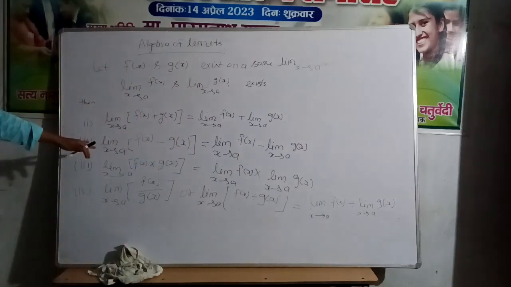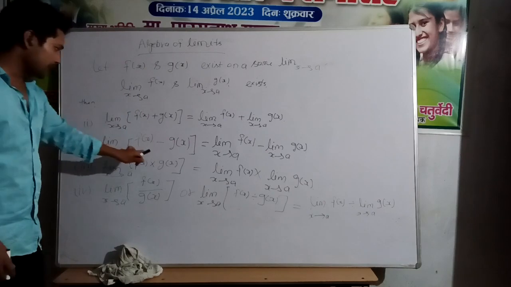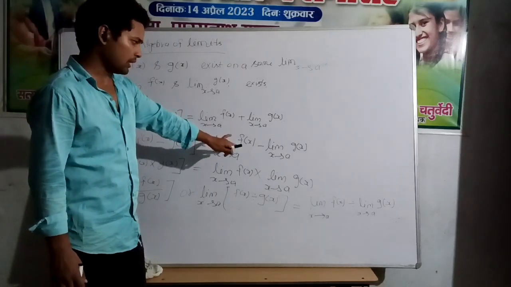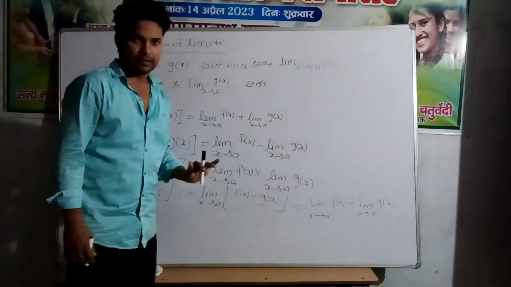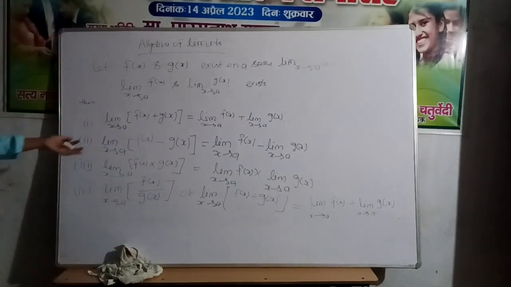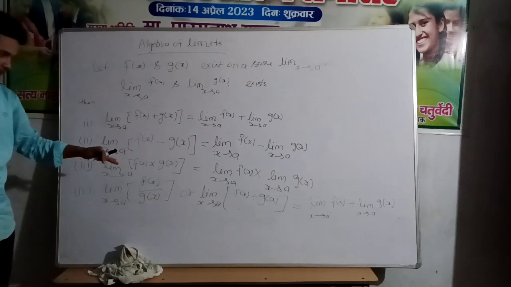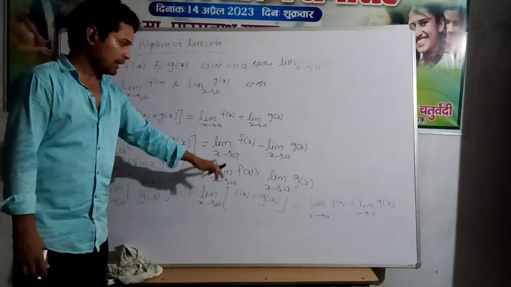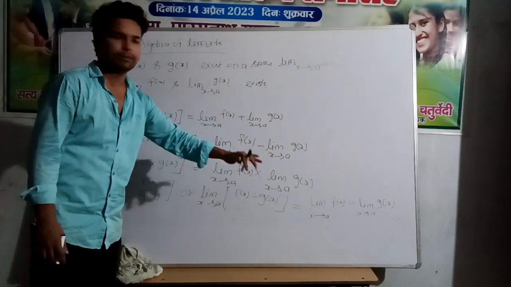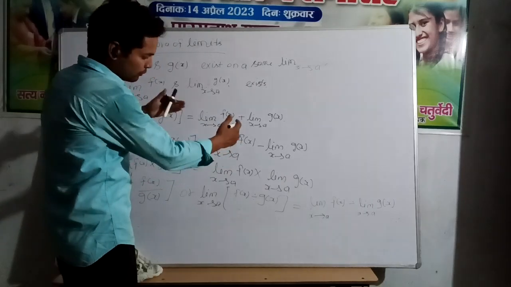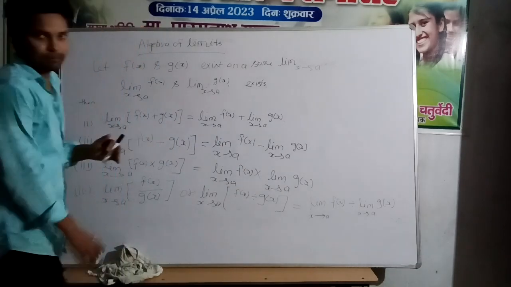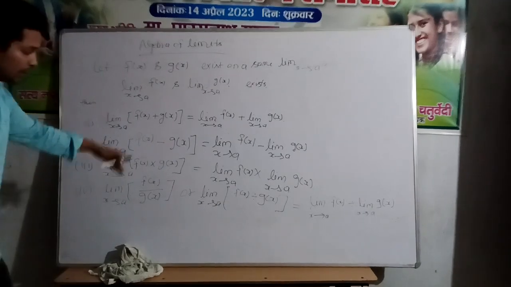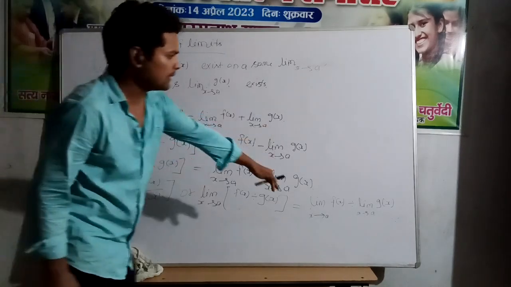Now we come to the second function: the limit x tends to a of the difference of the two functions is individually the limit x tends to a of f(x) minus the limit x tends to a of g(x). Now the third point, the multiplication of functions: if the limits exist, then the limit x tends to a of f(x) multiplied by the limit x tends to a of g(x). The values of the limits are multiplied with each other. Now the fourth point: the division of two functions, written separately, and then we can solve them again.